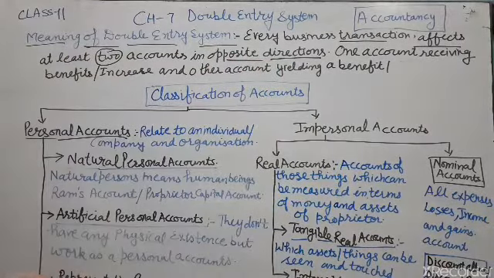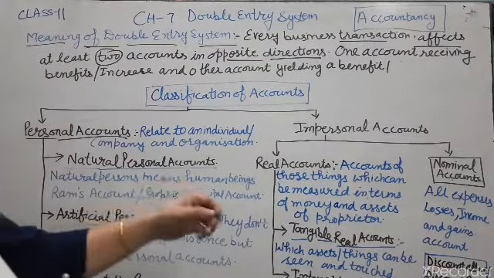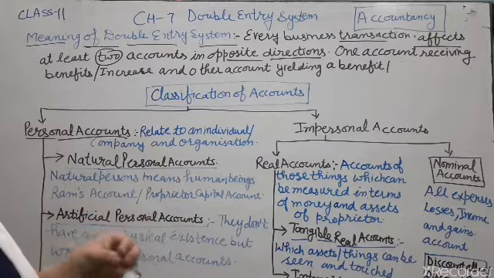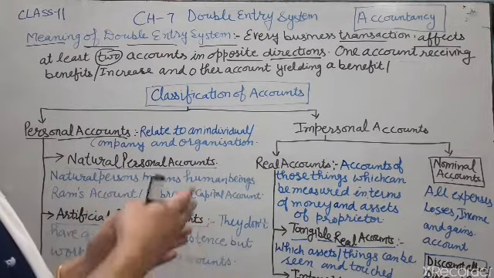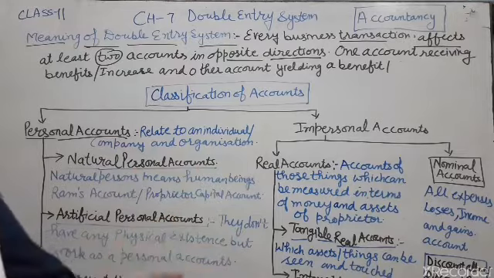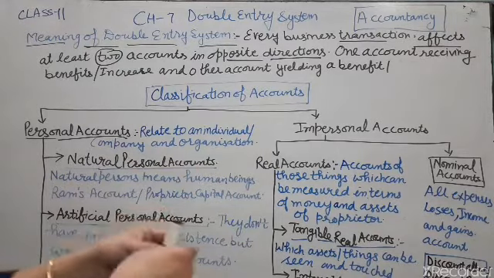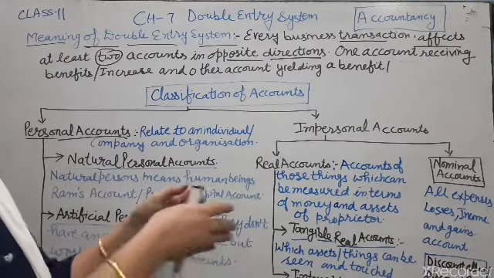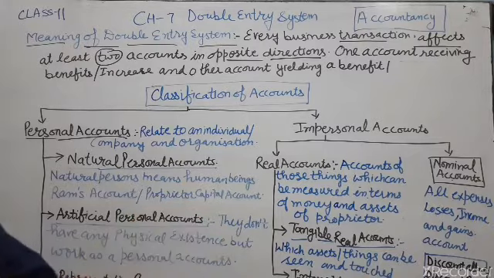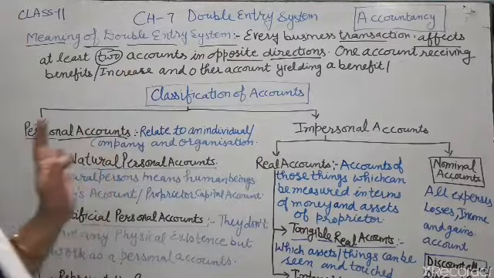Opposite direction means one may decrease and one may increase. For example, one asset increases and one liability increases, so both are in opposite directions. Assets are our property and liabilities are amounts to pay outside. So these are the opposite directions.